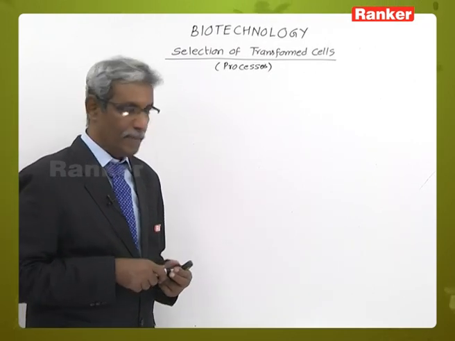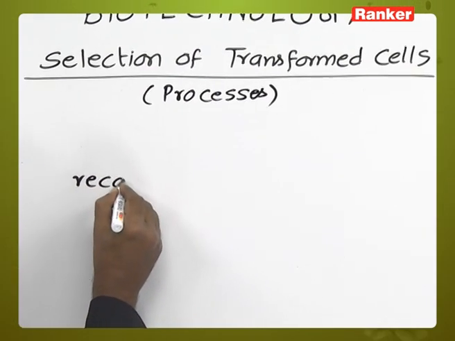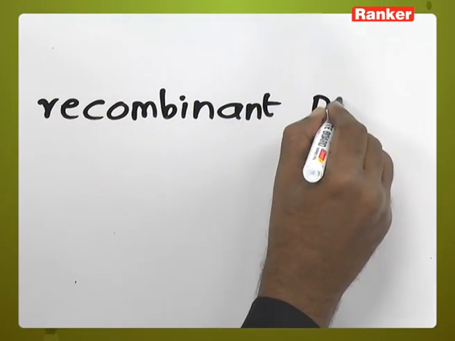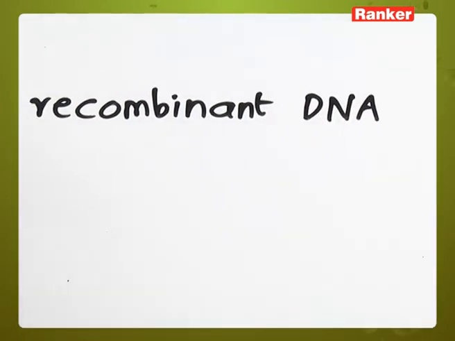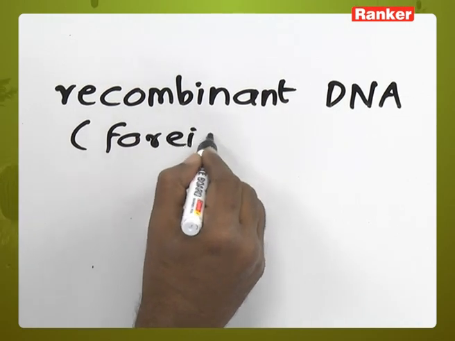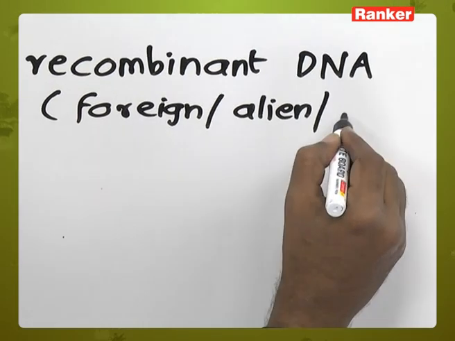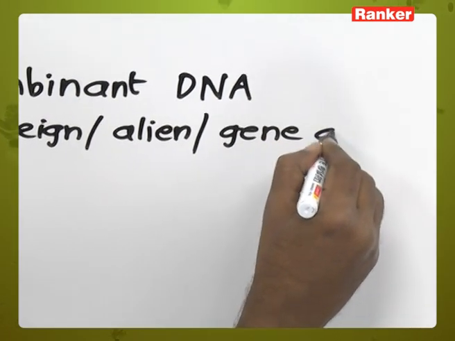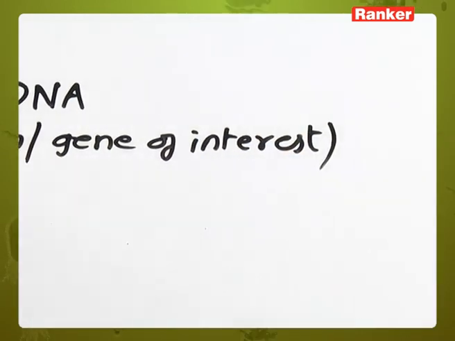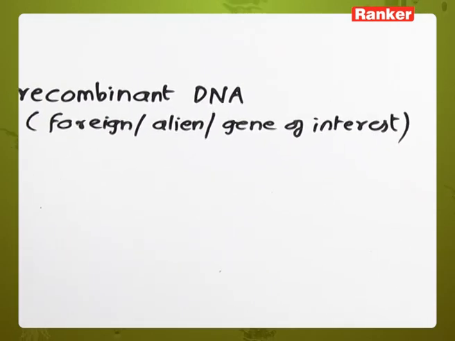If you recollect, whenever we have a recombinant DNA, or a foreign DNA, or an alien DNA, otherwise it is also called the gene of interest, we have a recombinant DNA which has already undergone some sort of a change.